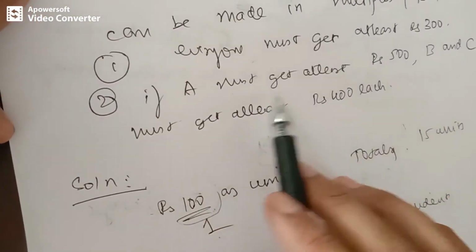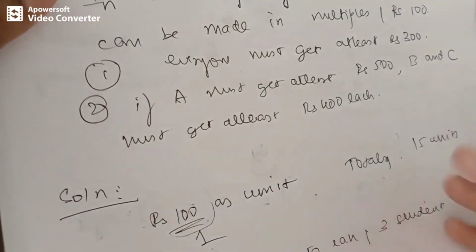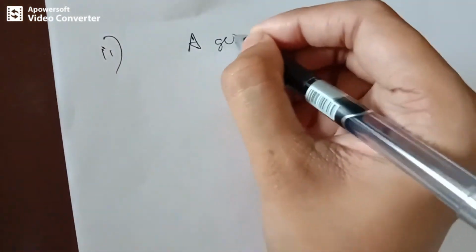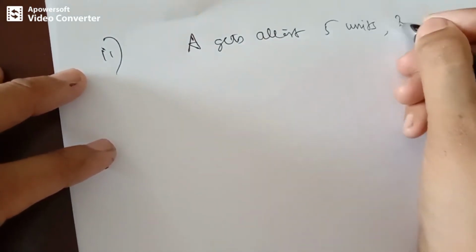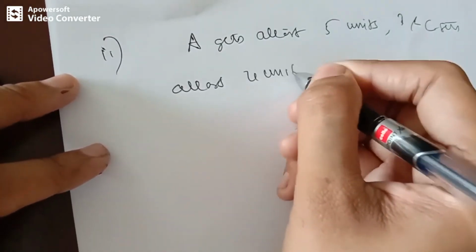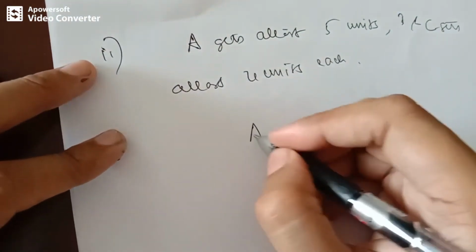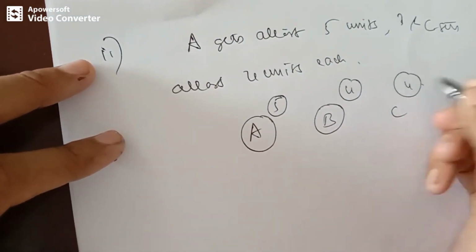So in the next question, A must get at least rupees 500, B and C must get at least rupees 400 each. So let's solve this one. A gets at least 5 units, B and C get at least 4 units each. So A is getting 5 units, B is getting 4 units, C is getting 4 units.